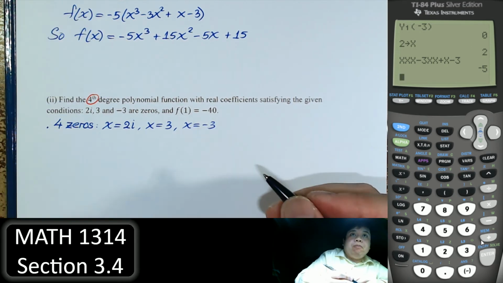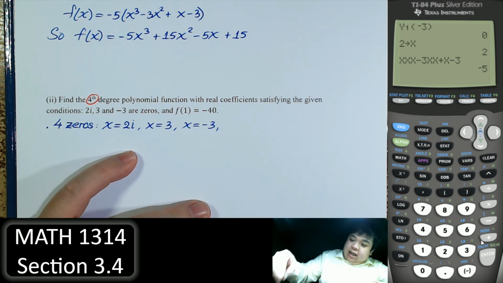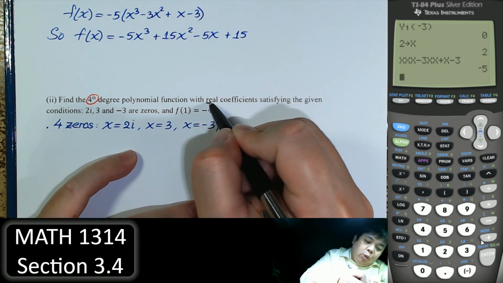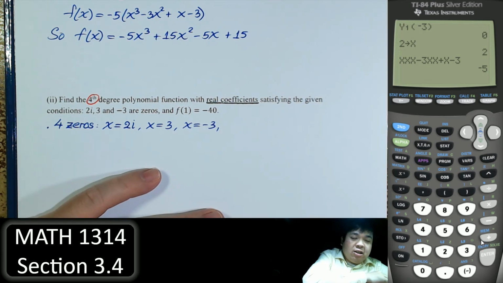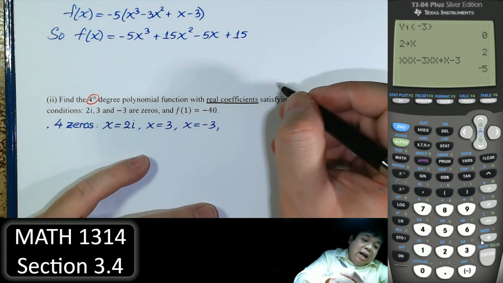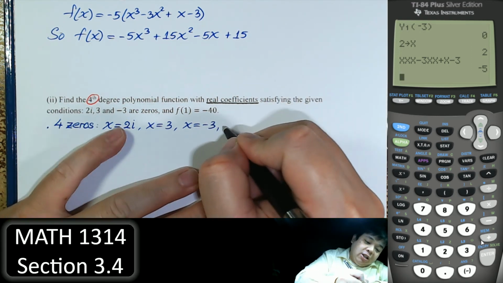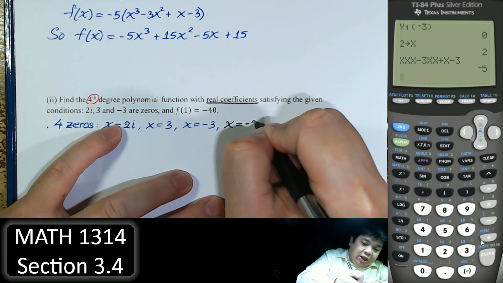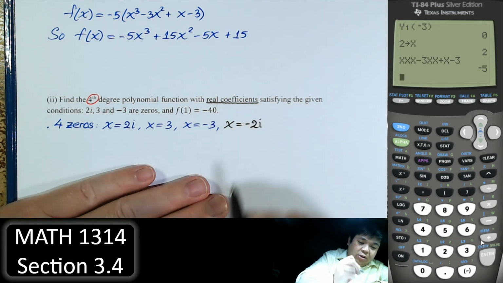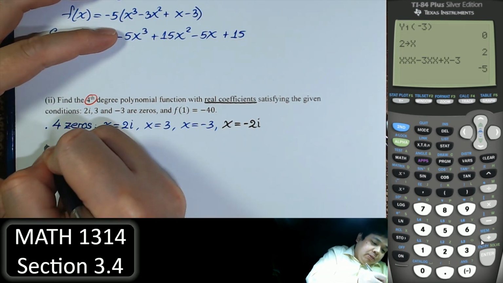Now, remember, if we have a polynomial with real coefficients, then imaginary solutions come in pairs, a plus bi and a minus bi. So instead of 2i, negative 2i is also a zero. Those are the 4 zeros.